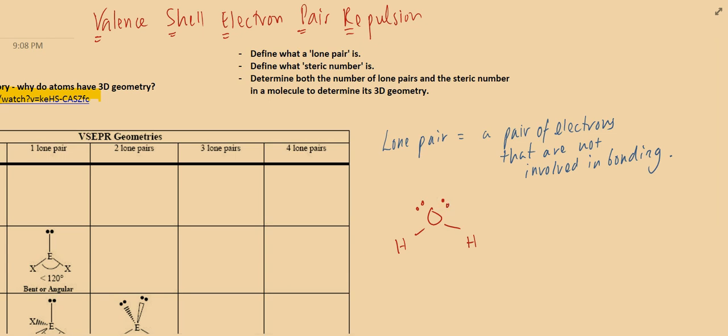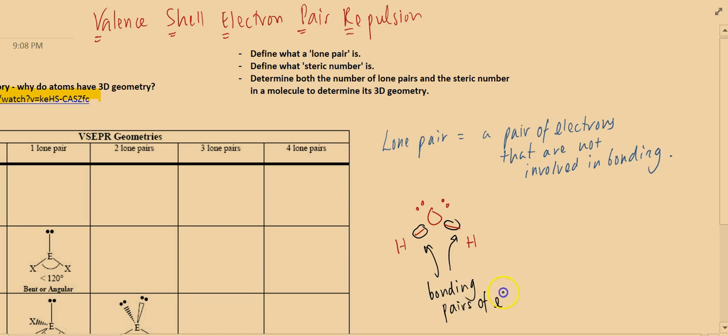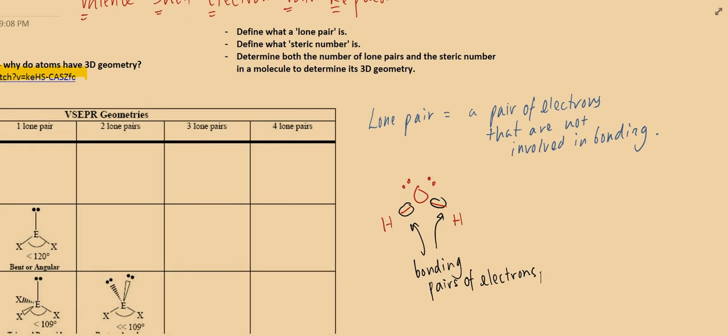Around the oxygen atom, we have these here, which are the bonding pairs of electrons. So remember that those lines there, those lines connecting the oxygen atom with the hydrogen atoms, represent bonding pairs of electrons or covalent bonds, electrons involved in covalent bonds.